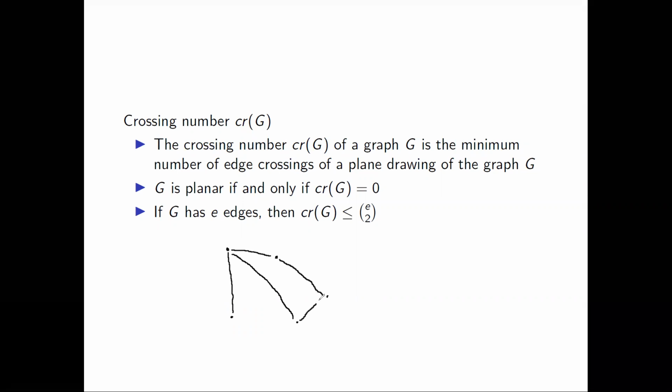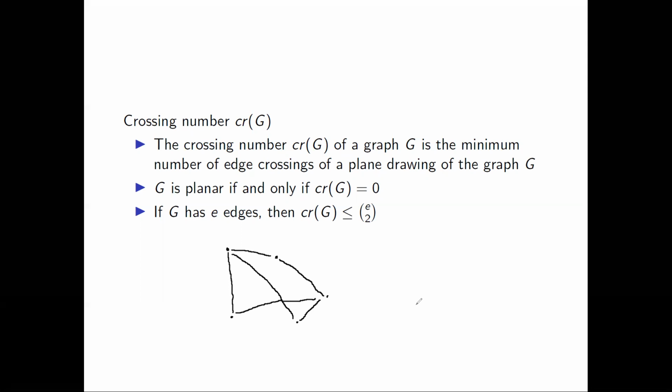And if we draw the edges like this, any pair of edges will intersect at most once, because two line segments in the plane only have at most one point of intersection.